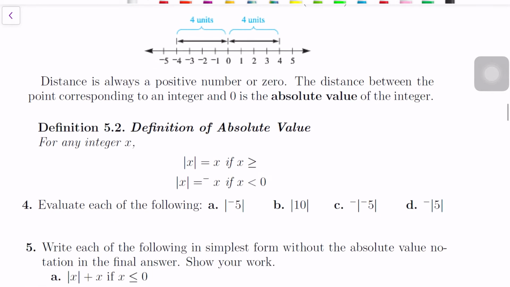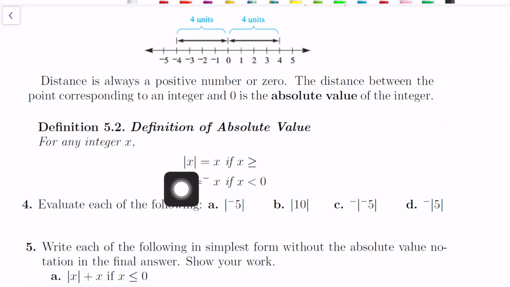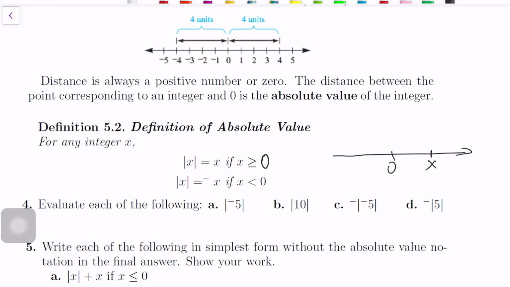So the general definition here, and that's very confusing for students, is as follows. The absolute value of x is x, if x is already non-negative. So what it means is, let me draw case 1. If this is 0, and your x is somewhere on the right side of 0, then the distance to 0 is x as well, right?